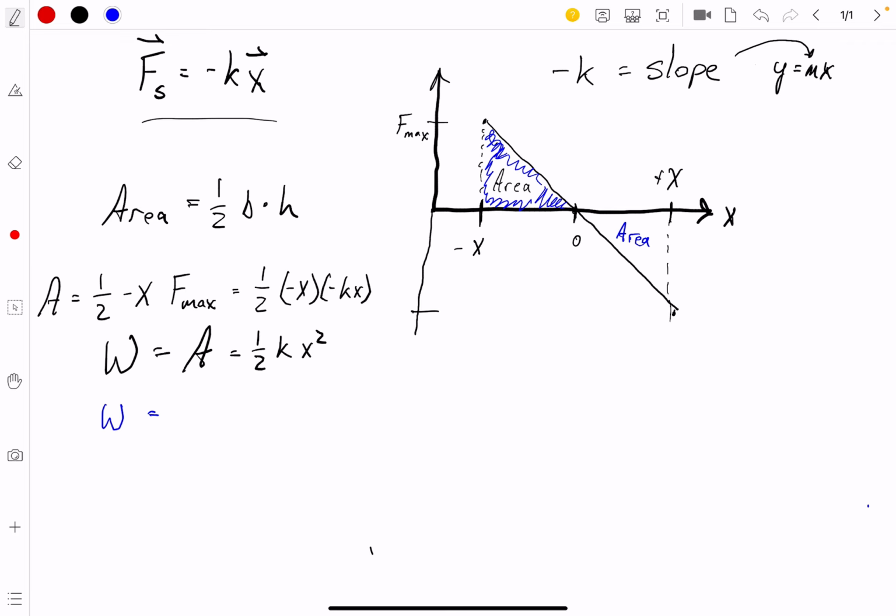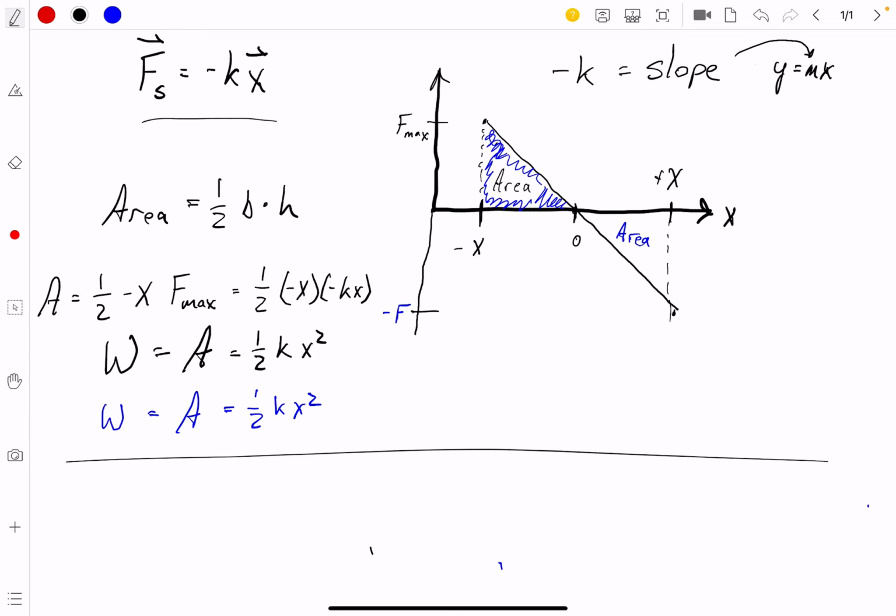Okay, so your work, no matter what happens, is the area under the F-x curve, and it's 1/2 kx squared. Cool? This is negative force. That's where the negative sign goes away. That's how the negative sign goes away. Okay. So, great. Good job. Let's do the next thing.